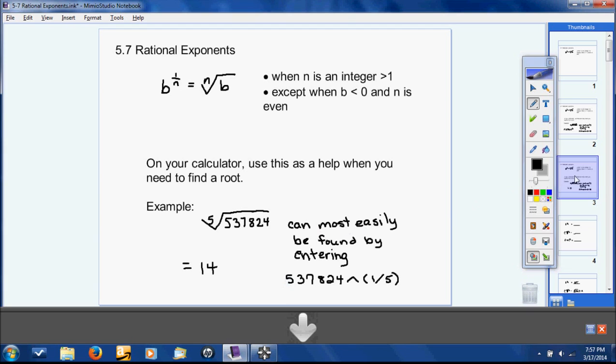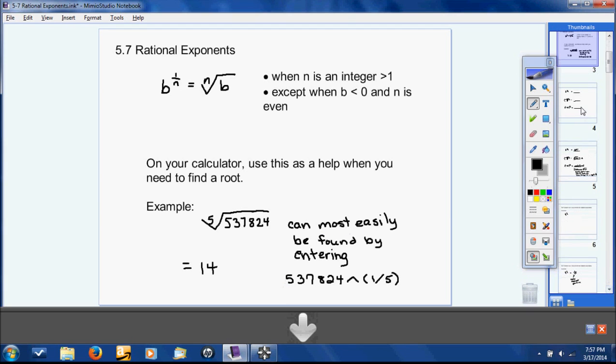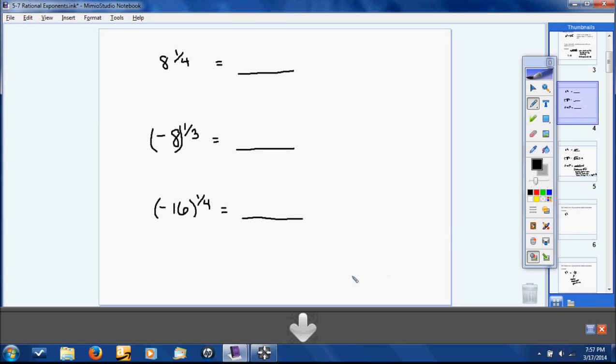Alright, so let's take a look at some examples here. Now, you can either do these on your calculator if you want to see if it comes out to be a whole number, but if it doesn't, I really want the answer to be in radical form. Okay, this is a 1/4 exponent.